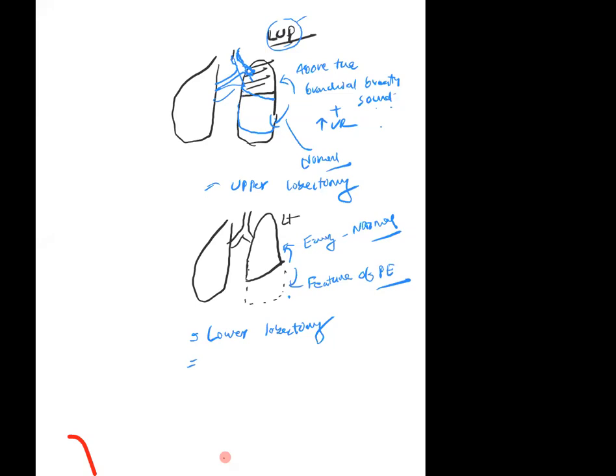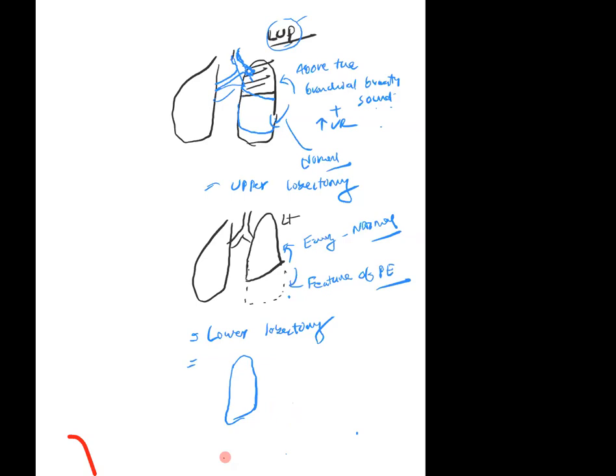Now consider what will be the findings in a patient of pneumonectomy. This gentleman does not have any lung in the left side.